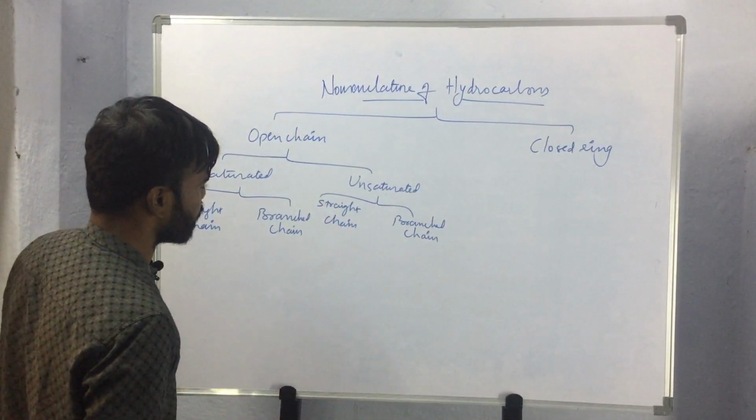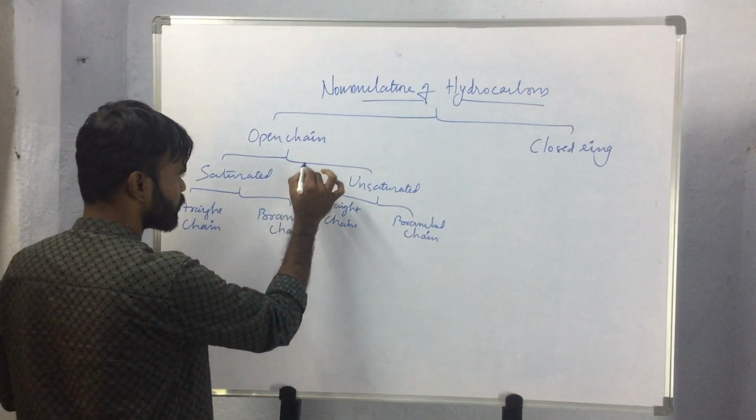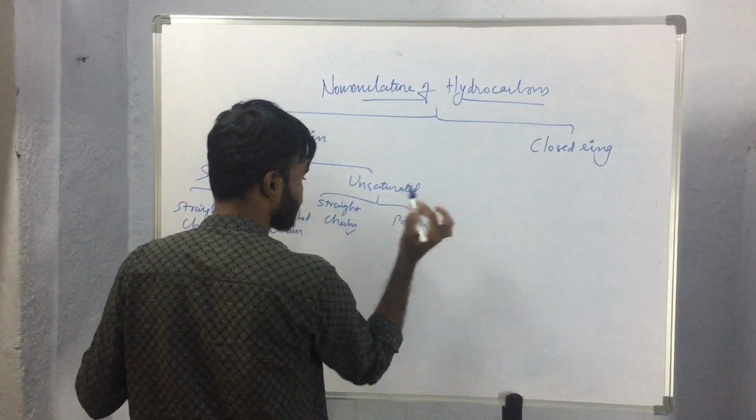Among these, we have seen the nomenclature of straight chain and branched chain saturated compounds and also straight chain unsaturated compounds.